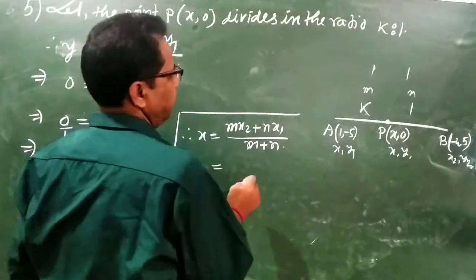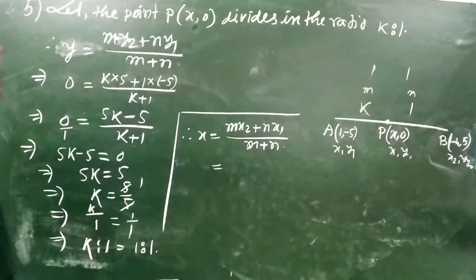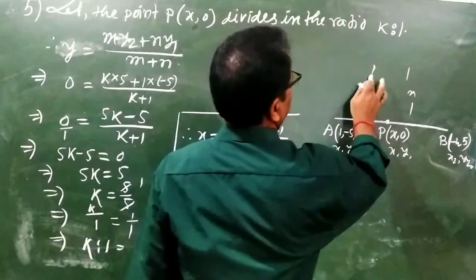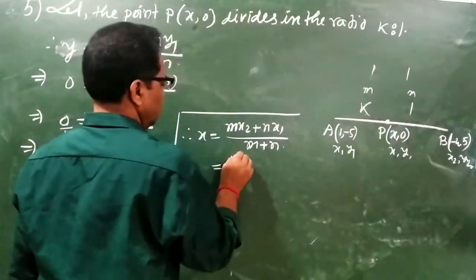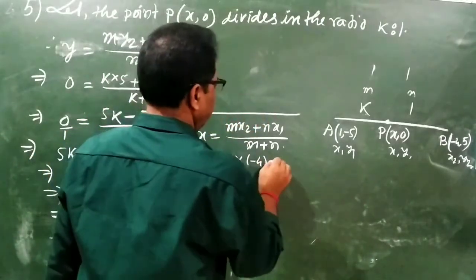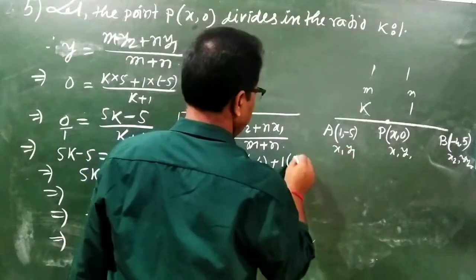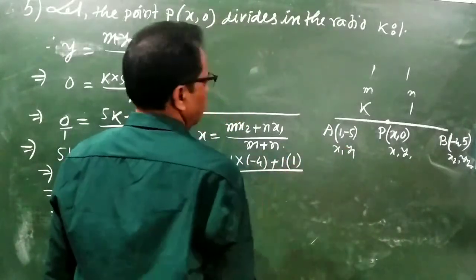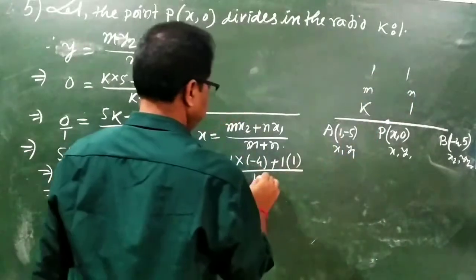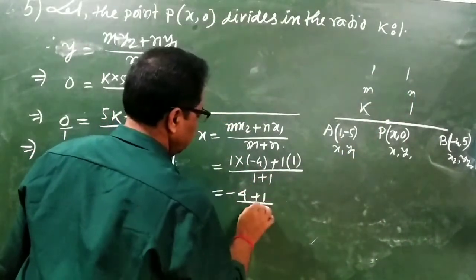Therefore, the ratio we have got is 1 is to 1, so m is 1, x2 is minus 4, plus n value is 1, x1 is 1, divided by m plus n, 1 plus 1. This is minus 4 plus 1 divided by 2.